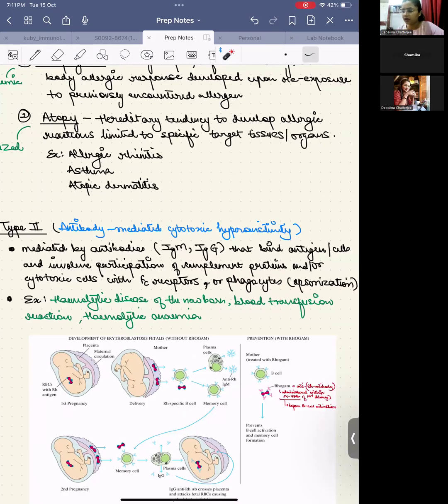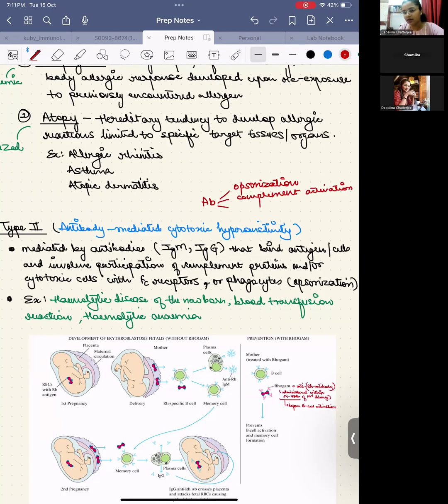So we have learned about all the different players, the different effector responses that the antibody molecule can bring about. So we now know the importance of antibody in the process of opsonization, complement activation, and also, we were just discussing the cross-linking part of it.